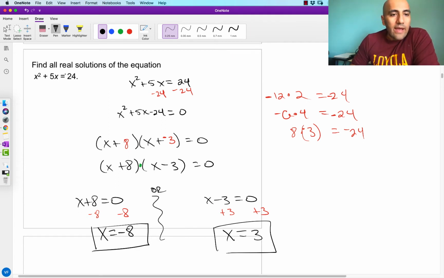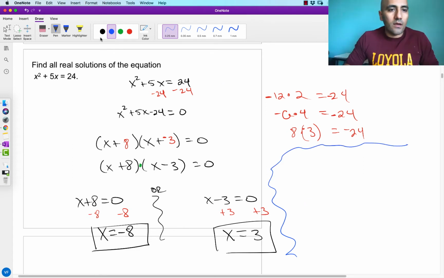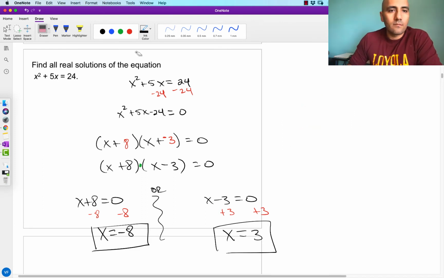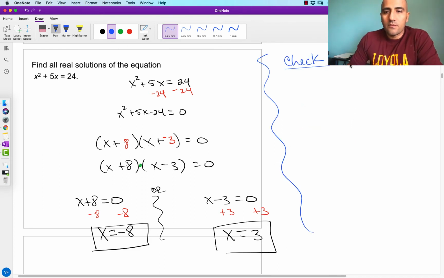Okay, so now we have to go back to the original equation and test them to see if replacing the x value by these results will give me what I want. Let me erase this. I need this. So x equals negative 8 is one of them. So I have blank squared plus 5 times blank equals 24.